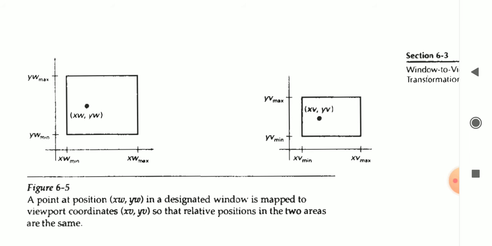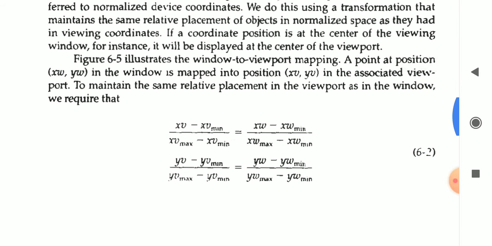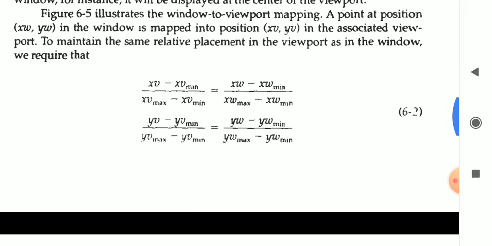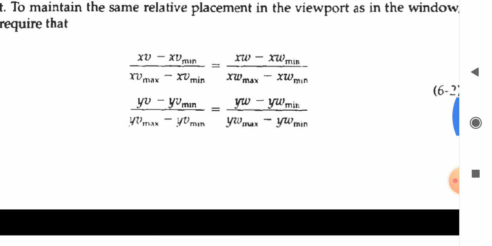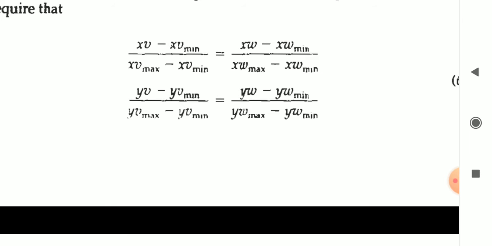Now, how are these conversions happening? Look at the formula. XV is the viewport. Assume that you are drawing a point in OpenGL software. That output is projected onto a small mobile screen. So the mobile screen coordinate is V, that is viewport. You have to convert the point XY to viewport coordinate.